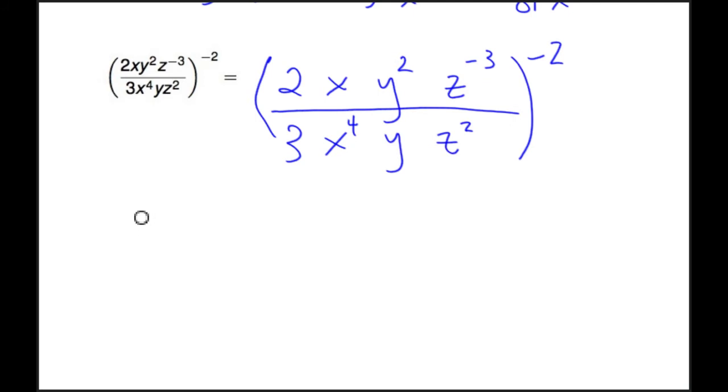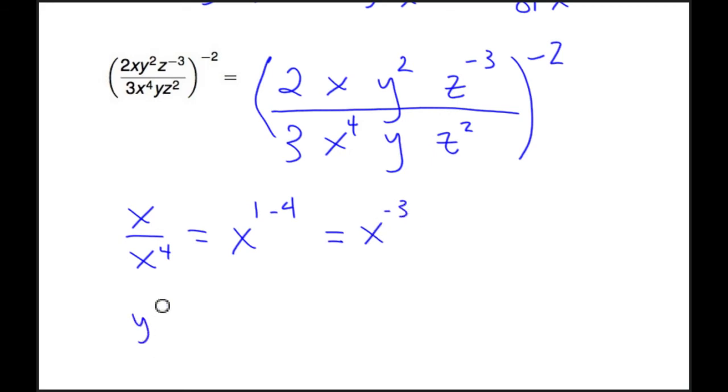So first, let's think about x divided by x to the 4th. When we're dividing things that have the same base, what are you supposed to do with their exponents? Subtract them. So this will be x to the 1 minus 4, or x to the negative 3.